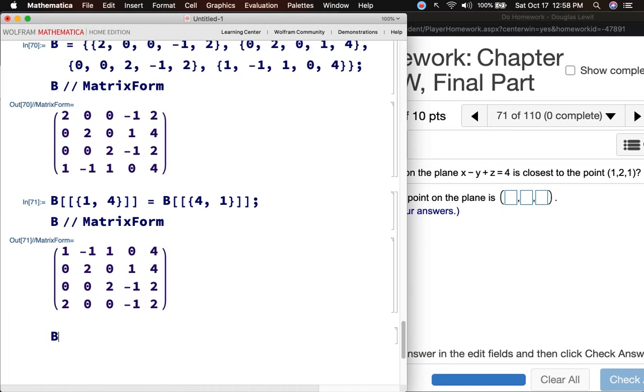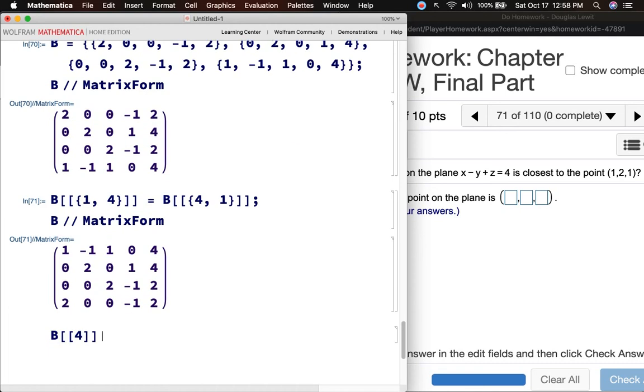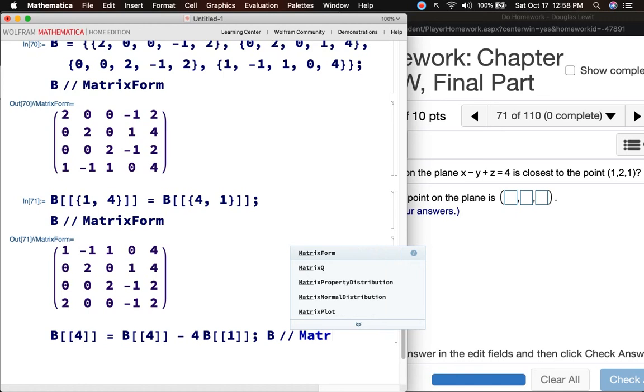Now what about that fourth row? I'm changing the fourth row. The fourth row minus 4 times every number in the first row.